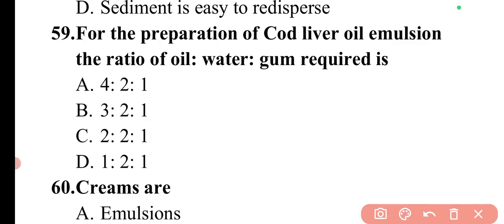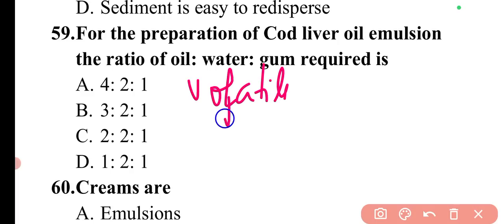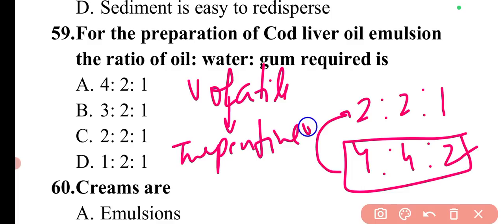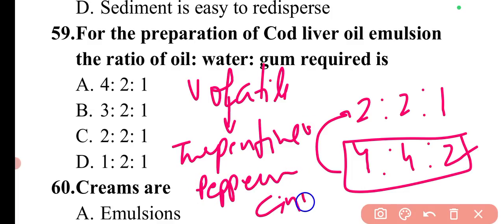If a volatile oil is there, then in that case the ratio will be 2 is to 2 is to 1, or you can say 4 is to 4 is to 2, where both the terms are the same. For example, volatile oils can be turpentine oil, peppermint oil, or cinnamon oil.